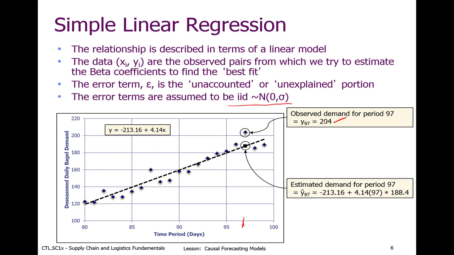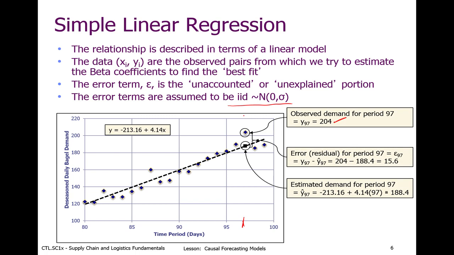Now if I look at my estimated model, what did I predict based off this linear model we'd sell? Well, I just plug in time period 97 to this equation, and I'd come up with 188.4. So we estimated or forecast 188 bagels sold. We actually sold 204. That means my error or residual for that one observation is 15.6, just the difference.